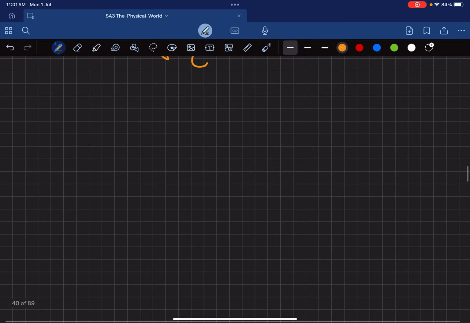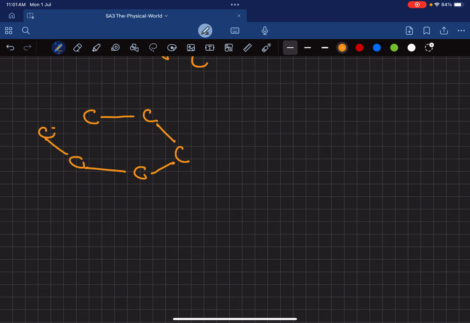But carbon can also arrange itself in this way. That means one carbon attached to another carbon, attached to another, and another. So at the moment you see that it looks like a hexagon ring. Then there is another hexagon ring, another one, so it just goes on.